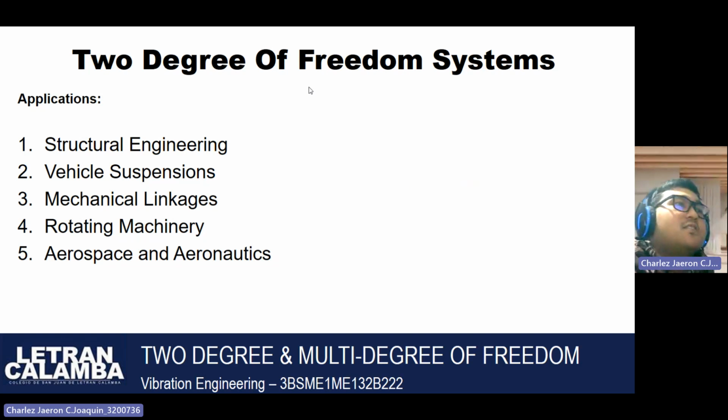Two degree of freedom systems are used in the analysis and design of rotating machinery, such as turbines, engines, and rotor systems. Last is aerospace and aeronautics. They play a significant role in aerospace applications. They are used to analyze the vibration and dynamic response of aircraft structures, rotorcraft systems, and spacecraft.